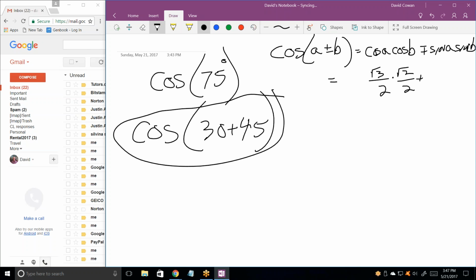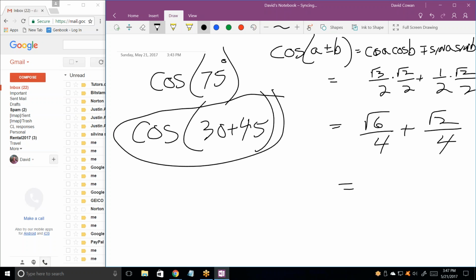What's the sine of 30? 1/2. What's the sine of 45? The sine of 45 is root 2 over 2. So what we have is root 6 over 4 plus root 2 over 4.